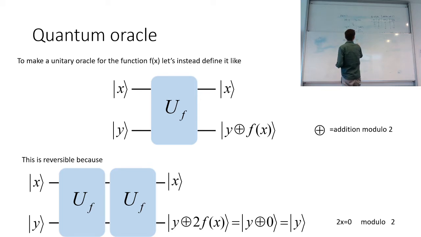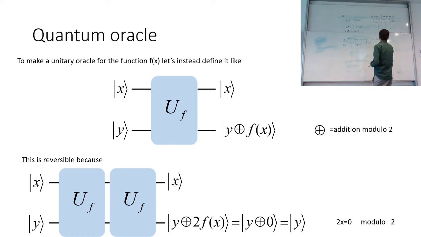Over here it's y plus f of x. Then we put that into this oracle again, and so this is going to be y plus f of x, plus f of x.